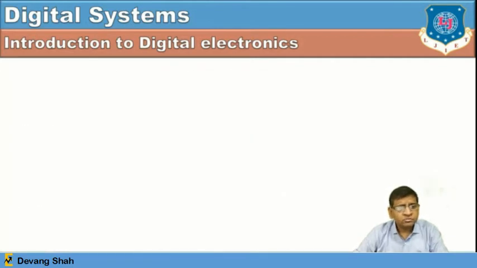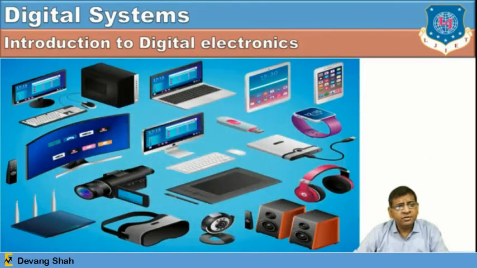In our everyday life we use computer systems, laptops, digital cameras, digital flash systems, digital watches, and palmtops. All those are digital systems, and they are much faster than analog systems.